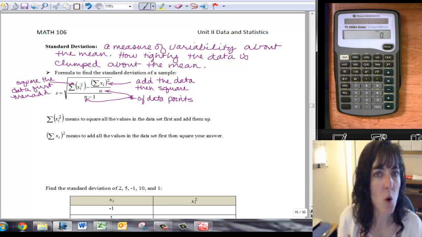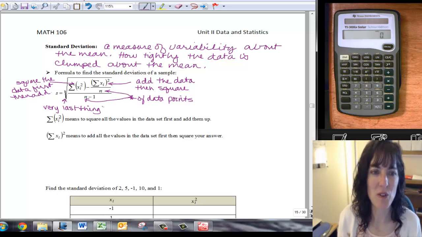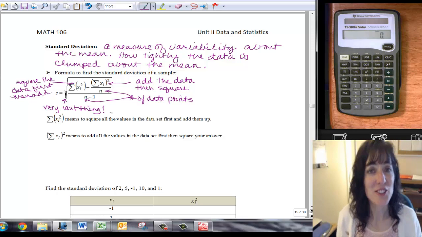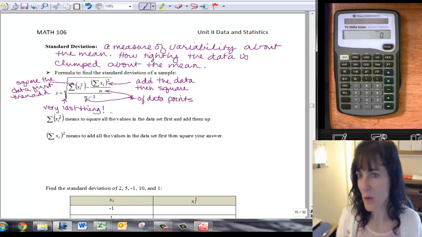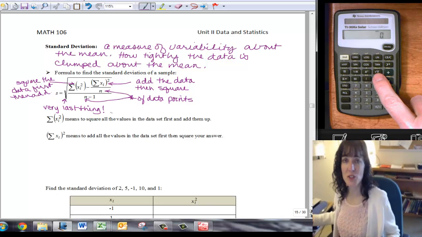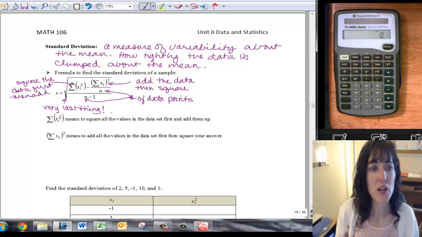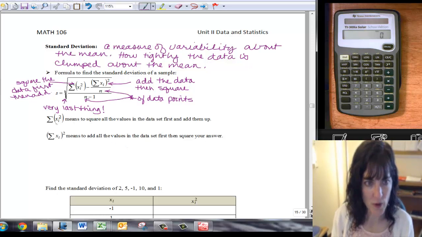And then it looks like we do all of those operations, and the very last thing is to take the square root. So we've done some square roots already, but all we're doing is just hitting the square root button on your calculator. On this one, it's just right there. We'll just do that at the end. So here we have in words again, this summation.